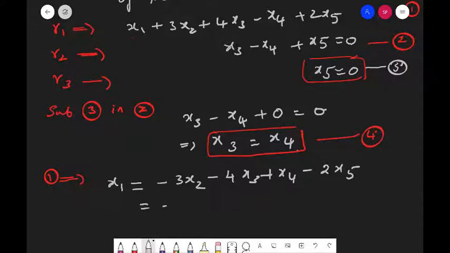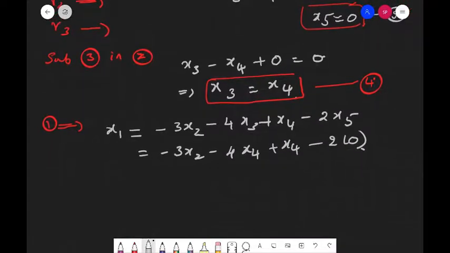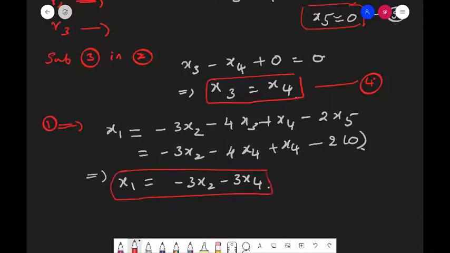Then substitute: minus 3x2 minus 4 times x4 (since x3 is x4) plus x4, minus 2 into 0, which implies x1 is equal to minus 3x2 minus 3x4. So this is another basic variable x1 we have written in terms of free variables x2 and x4. We have got all the basic variables.